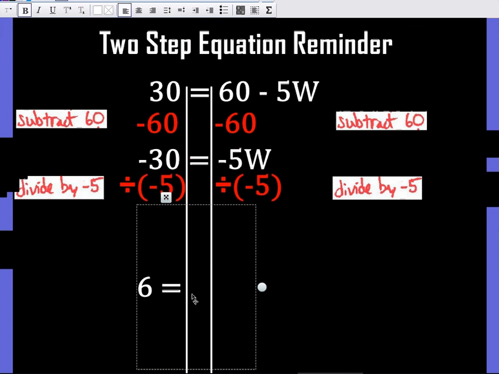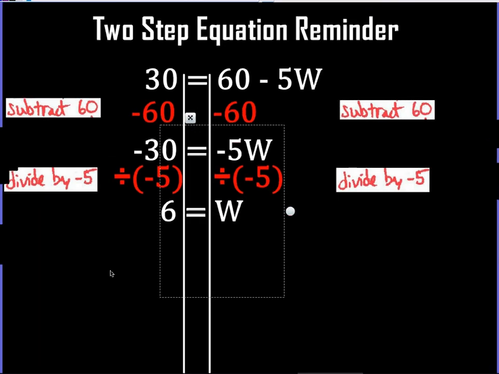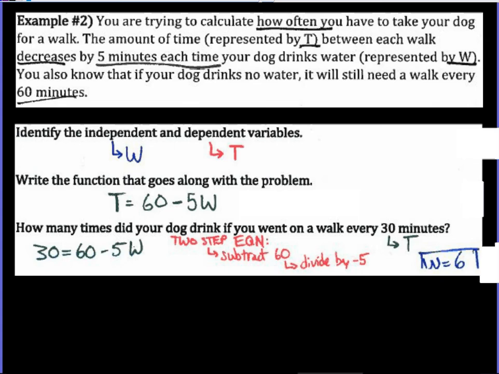And then we're going to have W. So negative 30 divided by negative 5, same sign, means it's positive 6. On the right side, I have negative 5W divided by that coefficient, as always. The same number divided by itself is 1, so 1W equals 6, which is exactly what we had in the previous slide, and so we are good.